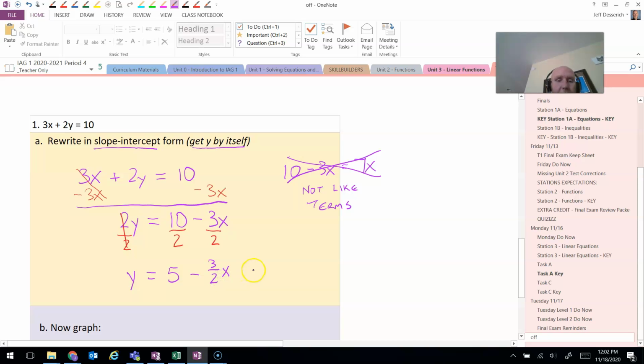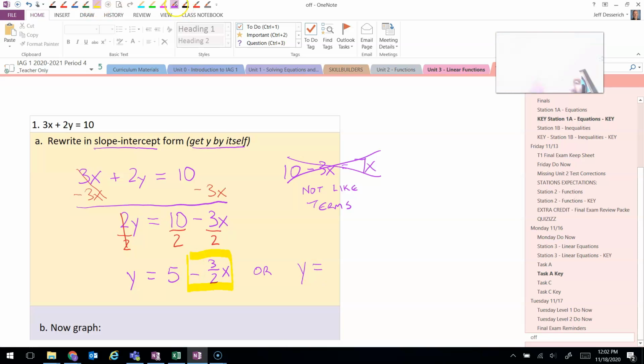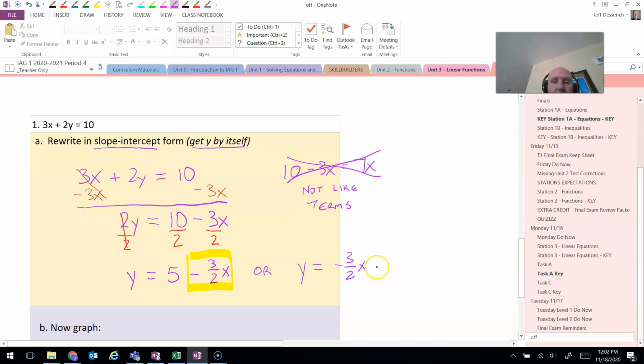A better way to write this so that we can tell which one is the slope and the y-intercept would be y equals, notice that this is a negative 3 halves x. So that's what we're going to put in front, negative 3 halves x, and then plus 5, because the 5 itself was not negative, it was positive. So we just put things in a different order, but we kept the signs that they had.